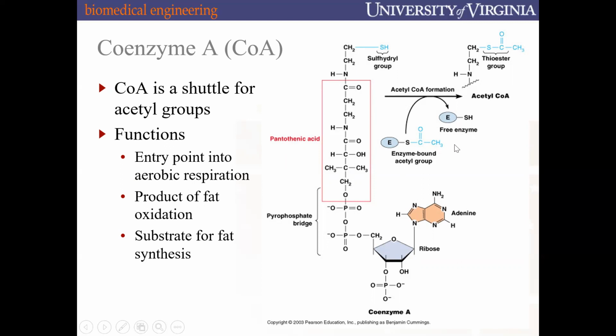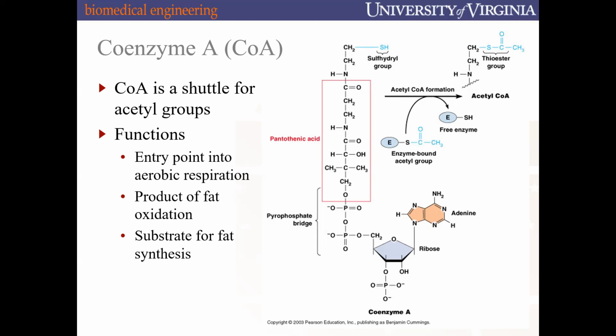If you're interested in what this acetyl group is structurally, you can see it highlighted here in light blue. It's essentially a carbonyl with a methyl attached, represented by CH3. Again, just to summarize what Coenzyme A is being used for: one, it's the entry point for aerobic respiration, delivering these acetyl groups to oxaloacetate.